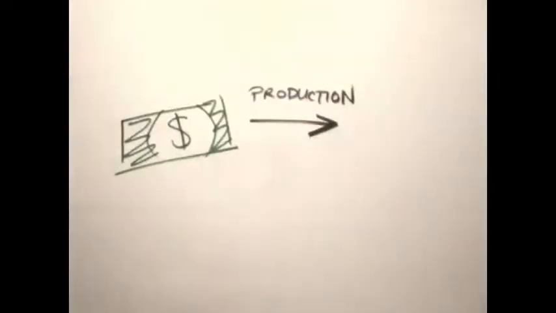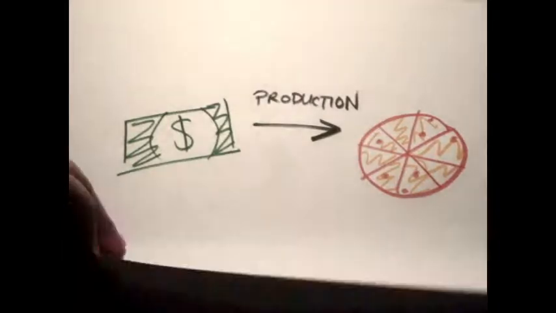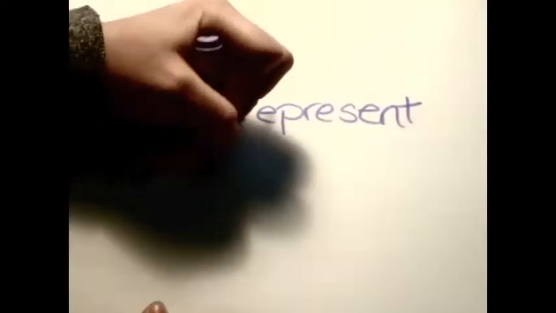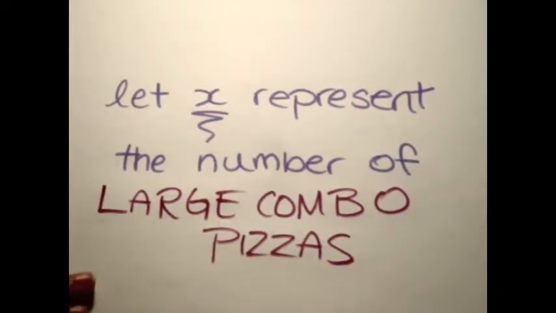So what does this equation represent? This equation, the cost function, pertains to the total cost of producing x units of a product or service. So in the case of this particular problem, the cost function C of x is the cost of producing x amounts of large combo pizzas. So let's go back for a second. Why don't we say that x represents the number of large combo pizzas?